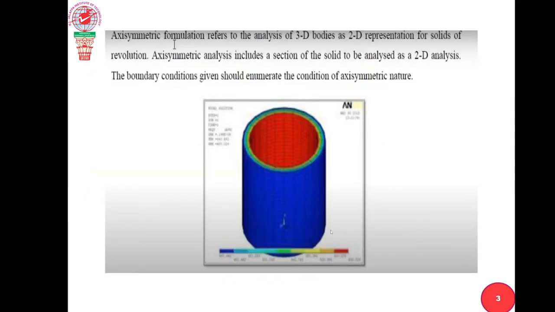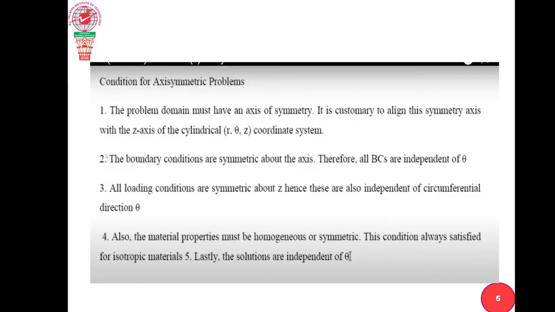Axisymmetric elements are a kind of 2D analysis, a representation of a 3D body as a 2D representation. Why 3D becomes 2D: as I said, the variation along theta we are going to neglect. Therefore, when you consider axisymmetric elements, the geometry, boundary conditions and loading should be symmetric about the axis.